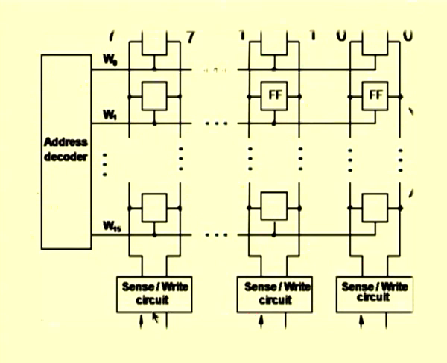When you are doing a read operation, you will specify the address and a read operation, and whichever word line is selected, all the corresponding bits in it will be read out by the sense circuitry. Similarly, when you do a write operation, the data to be written will be specified to the write circuitry through these side lines, and into whichever word has been selected by the address, the data will be written.